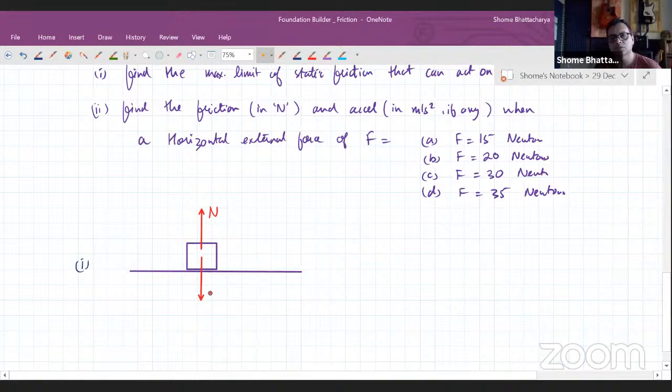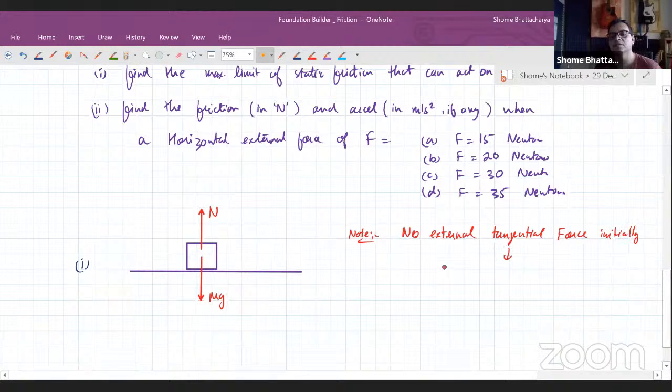Okay. So in this case, we can see that there is no external tangential force, that means no force which is acting parallel to the surface initially. Okay. So that means there is no tendency to slip.